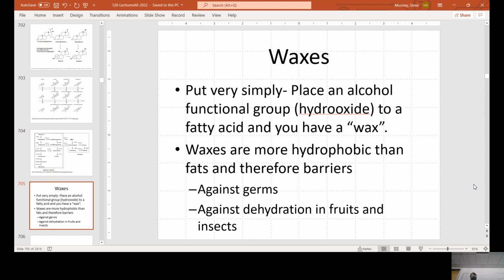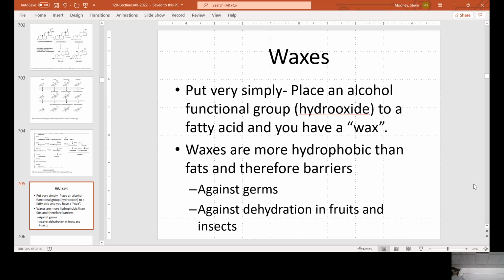Finishing up lipids with waxes, usually associated around the skin or like around our ears and nose. We take a fatty acid, we add some more functional groups to it. Alcohol groups, the hydroxyl ions on that fatty acid, and that forms a wax.